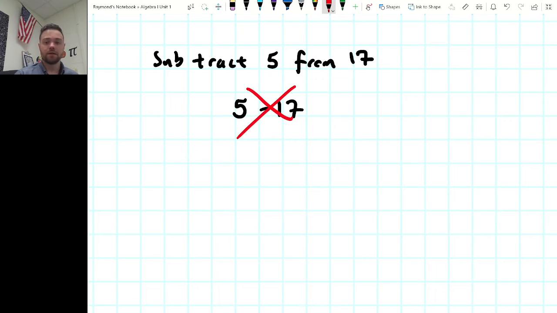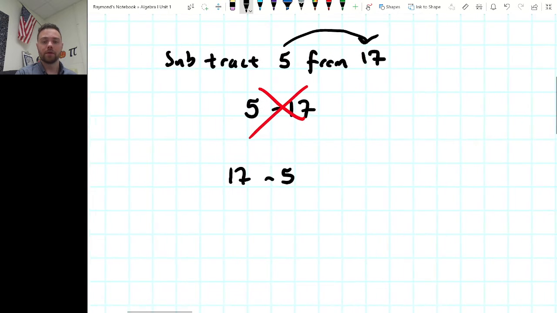Okay? That is not what this is asking. It's asking you to take the furthest number, 17, and then subtract 5 from it. Subtracting a number from another number means you're taking this number away from that number. So you have to switch them.